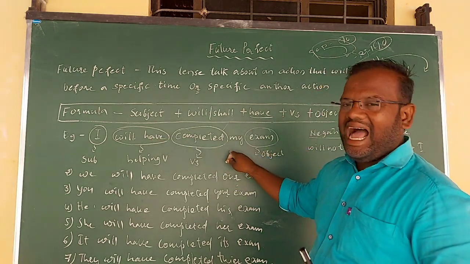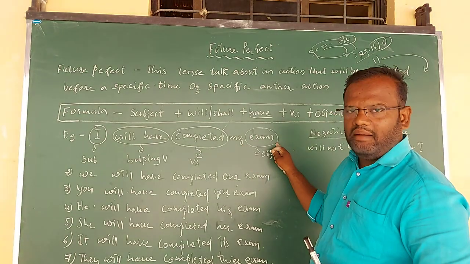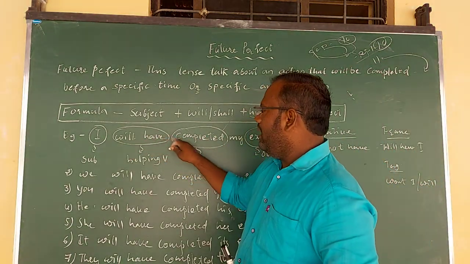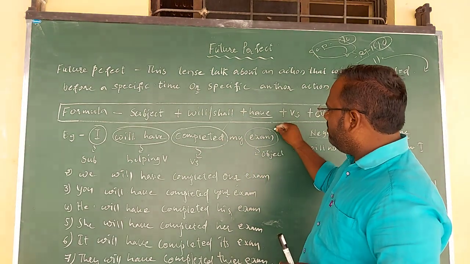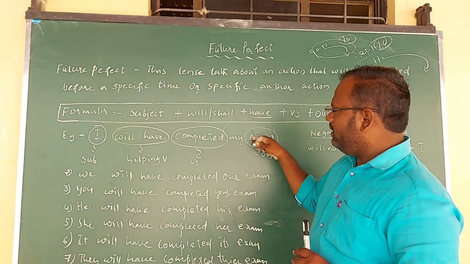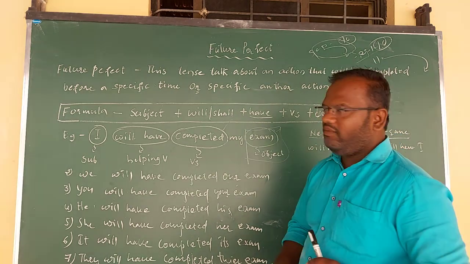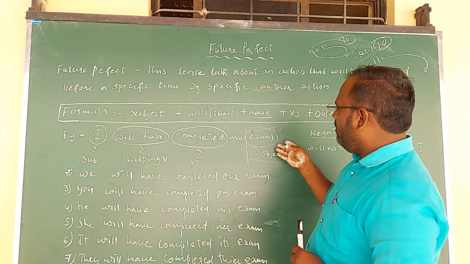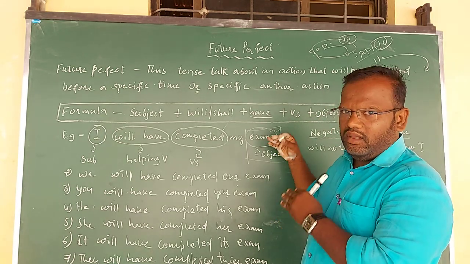I will have completed my exam. I will have completed my exam. Here let us consider this, at present, as a complement, we can call it, or you can call this an object also.